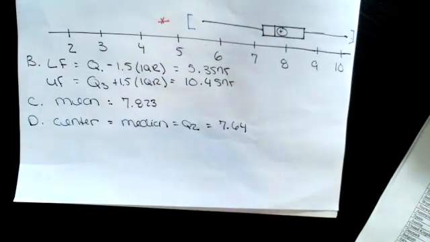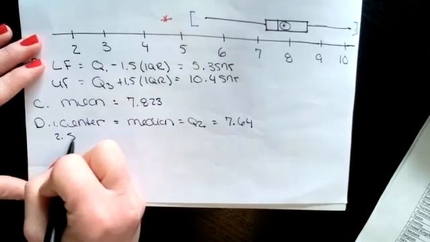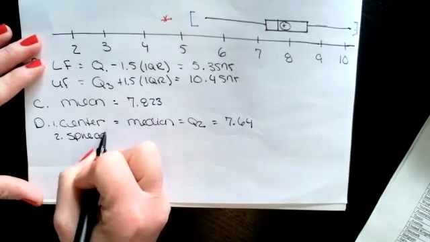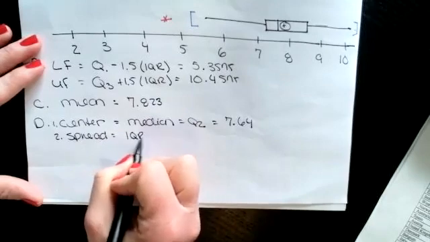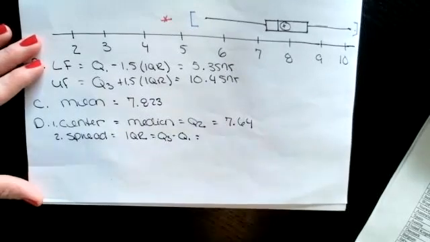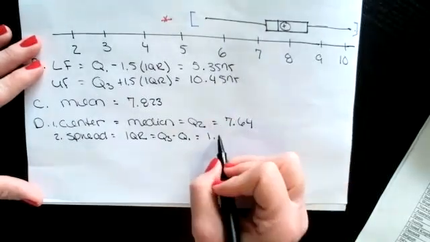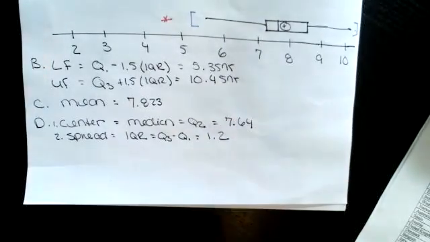What is the spread? Now the spread when we're looking at a box plot is always the IQR. It's the width of my box. It's quartile 3 minus quartile 1. So here I get 1.2, and my paper's cut off, we'll just leave it.